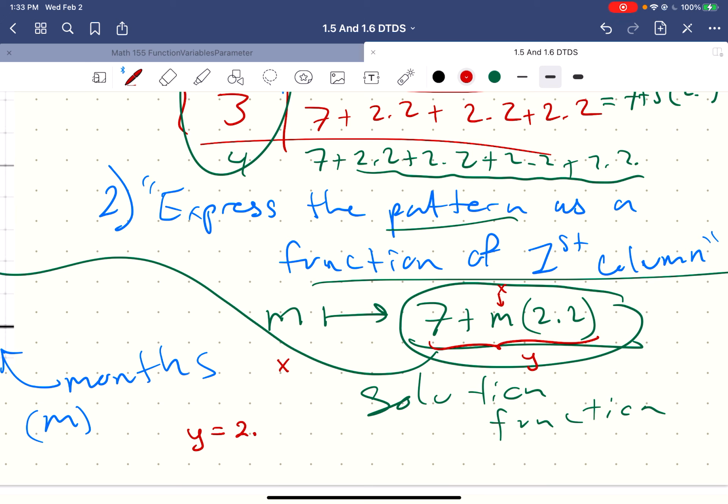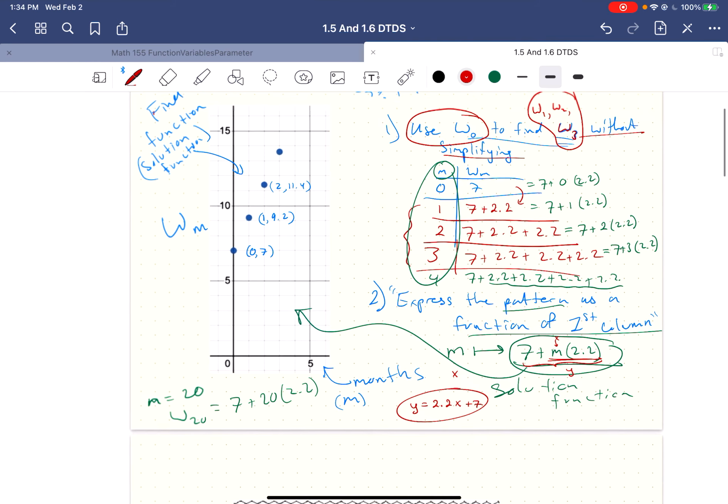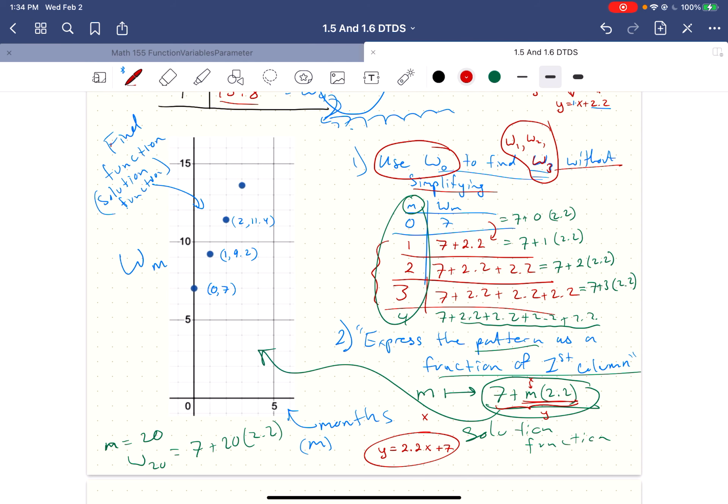So in the form we're most comfortable with, it's 2.2 times x, that takes care of that part, plus 7. Okay, so these data points lie on the line 2.2x plus 7. And yeah, if I were to just kind of go for it, I don't know, maybe about there. All right, so this is a graph of my solution function.